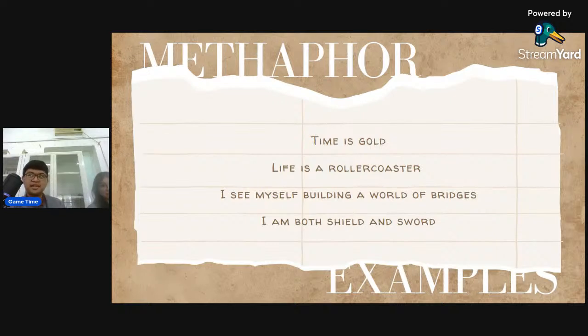How I would interpret it is that you see yourself building, opening yourself to more opportunities, and of course, since bridges are also a connection between two places, or let's say cities that are separated by something. So seeing yourself building a world of bridges is a metaphor for opening yourself to more opportunities and building more connections.